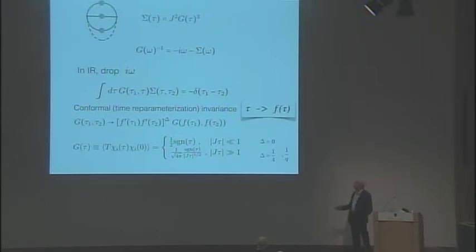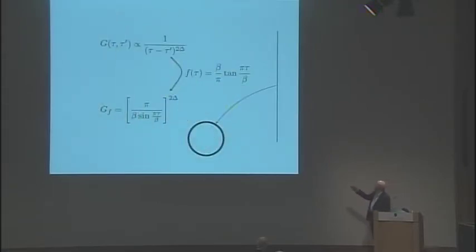For example, if you want to calculate the thermal Green's function, all you have to do is map the line of time onto a finite circle of radius 1 over the temperature, and then you immediately get the dependence of the fermion Green's function on the temperature.